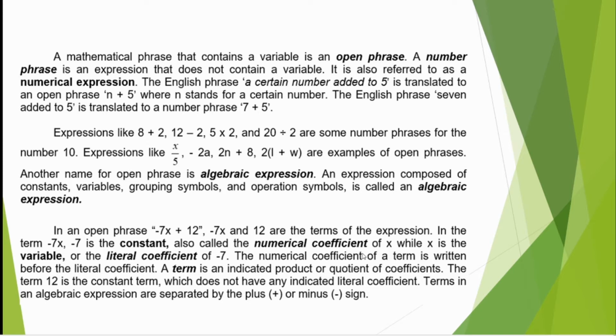The numerical coefficient of a term is written before the literal coefficient. A term is an indicated product or quotient of coefficients. The term 12 is a constant term, which does not have any indicated literal coefficient. Terms in an algebraic expression are separated by plus or minus signs.